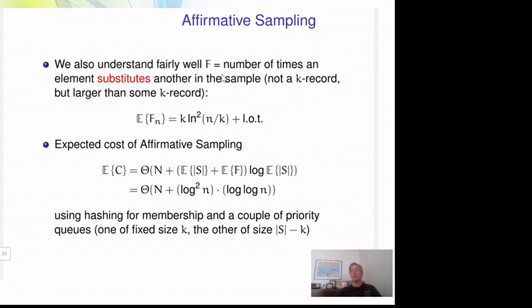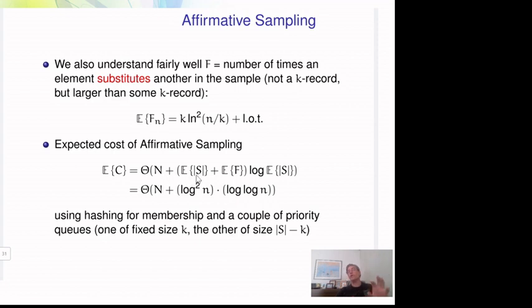For the number of times this happens, this Fn, we know the expected value and the variance, and this allows us to carry out the average case analysis of the cost of affirmative sampling, where you have this term that corresponds to scanning the stream, and in many cases, you will be discarding the element because the hash value is too low, or you will be updating the statistics because it's an element that you already have sampled.